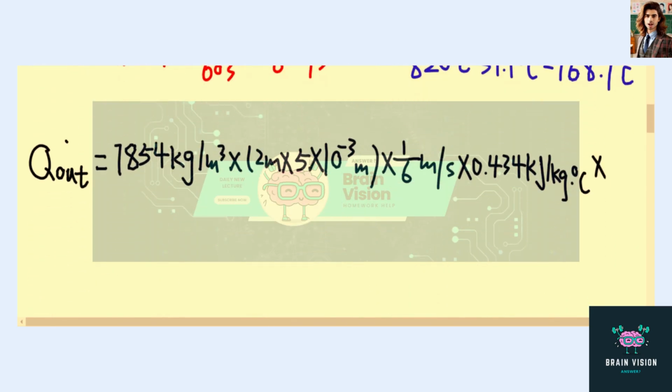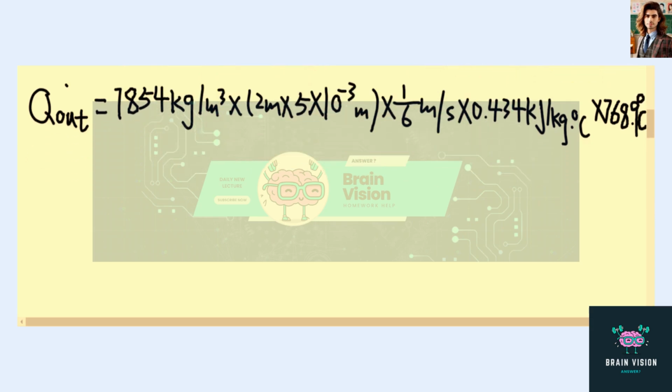So we multiply by 768.9 degrees Celsius. And this will give us the rate of heat removed from the oil is about 4,368.2 kilowatts. And this is the answer for this question.